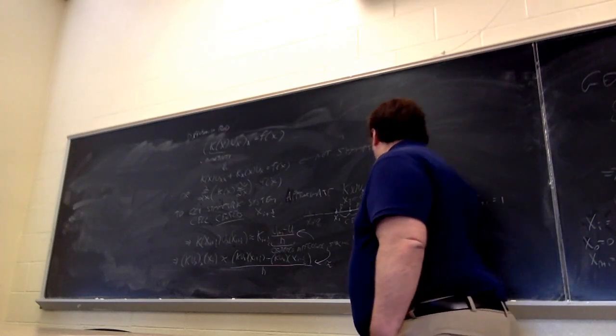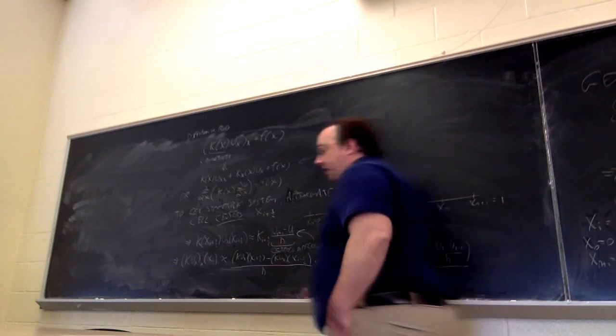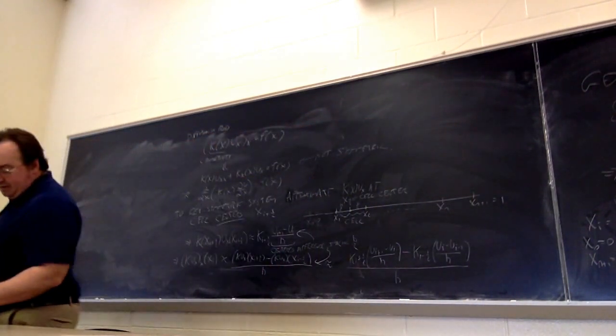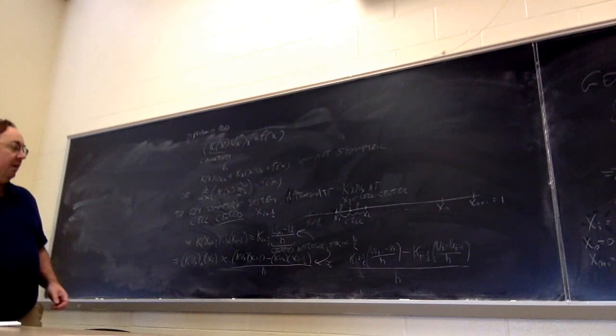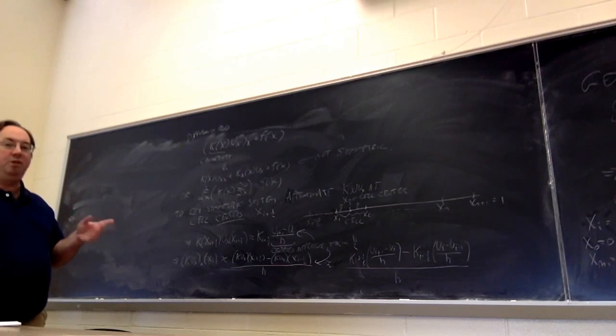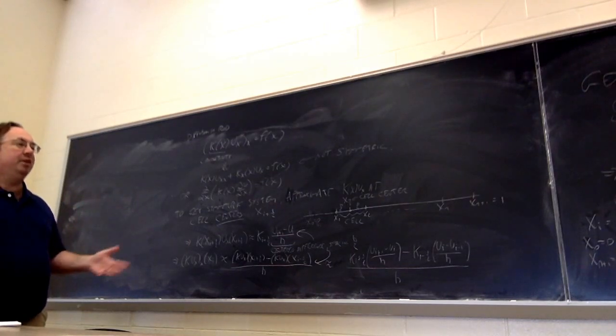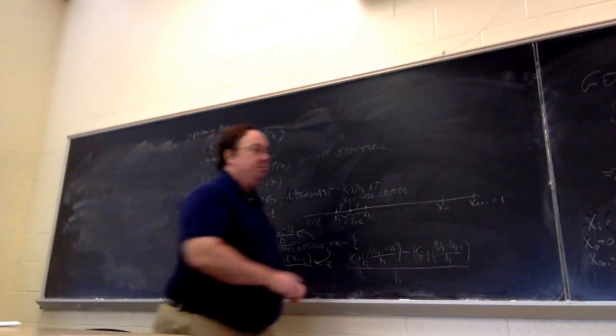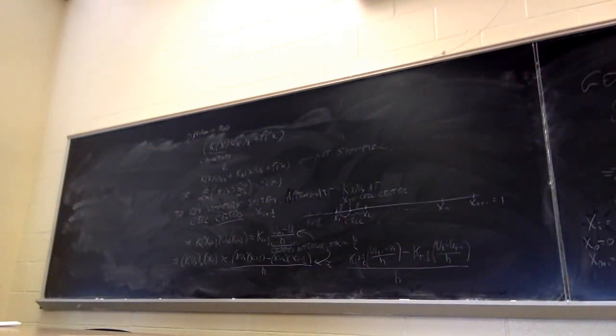And all of this is over h. Now I want to group terms together according to what's multiplying each u value, because those are going to be my matrix entries.